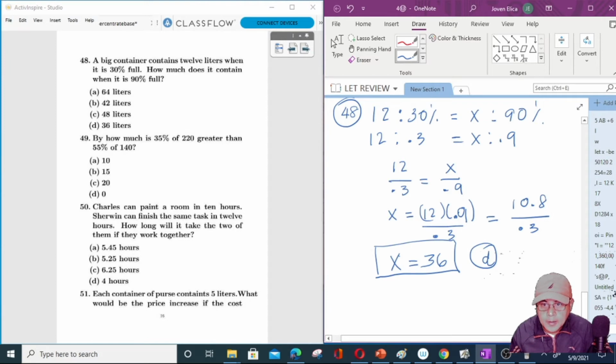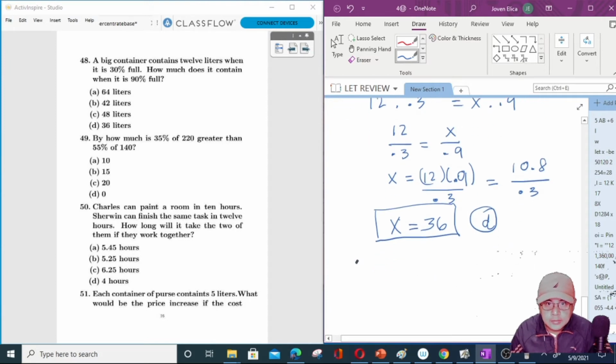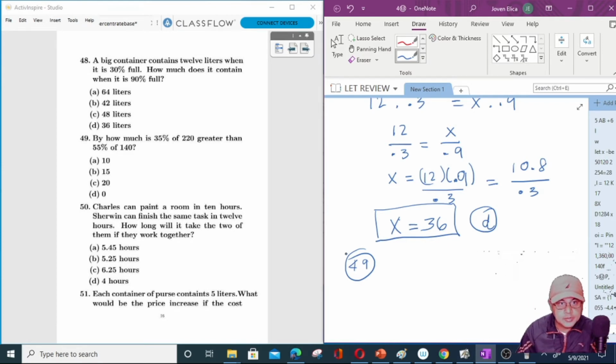Okay. So number 49. By how much is 35% of 220 greater than 55% of 140? This is a tricky question also.